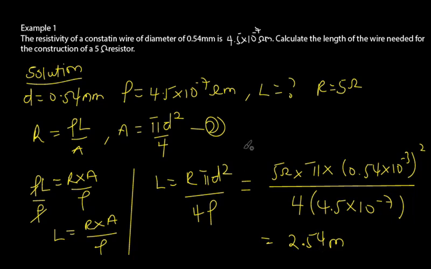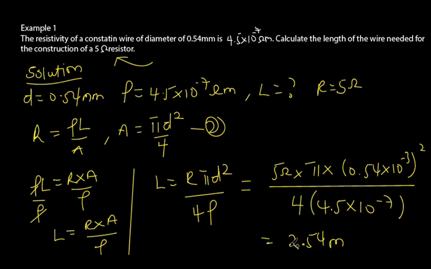So this means if you want to construct a resistor to have a resistance of 5 ohms, and we are using a constantan wire, we need to cut the constantan wire to have a length of 2.54 meters.